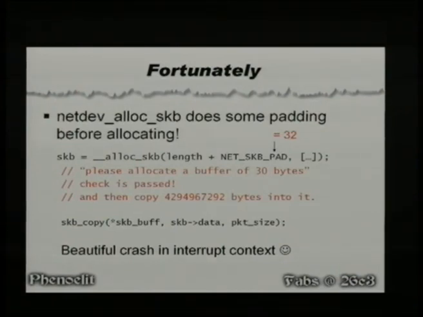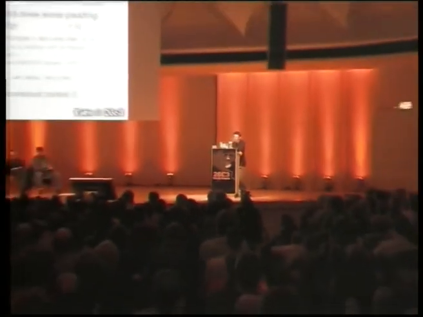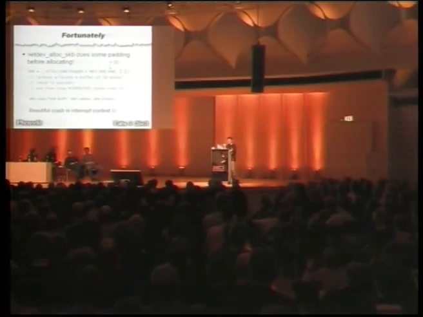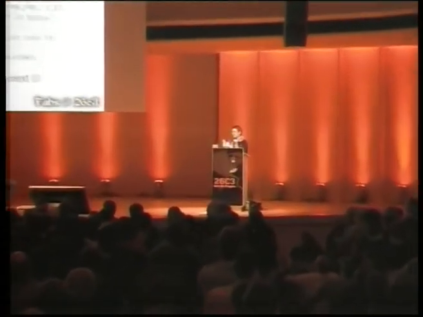So it will add 32 more bytes. Then it says, allocate 30 bytes, so we get to pass the check. And then we copy just huge amounts of data, 4 gigabytes, into your kernel memory.